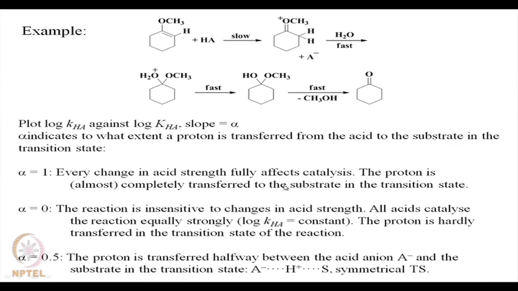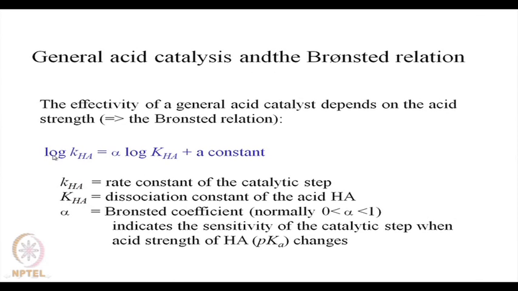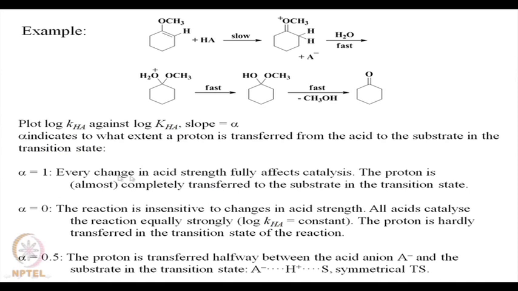That means, if alpha is 1, log K H A is a rate and this is the equilibrium constant, so there is just a one to one correspondence. The proton is almost completely transferred to the substrate in the transition state, you can think in that way.